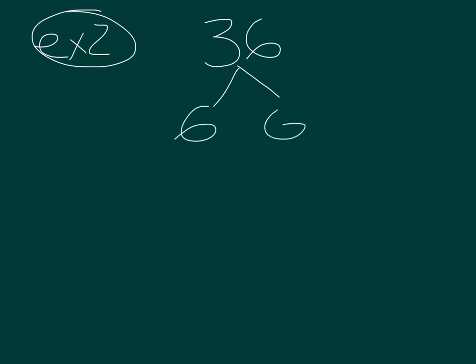I can think of 6 times 6 is 36, and we just keep going until everything we have is prime. 3 and 2 and 3 and 2 are all prime numbers. So we can write this out several ways. 3 times 2 times 3 times 2 is one way to write the number 36.